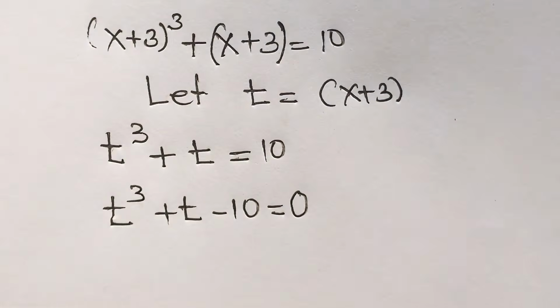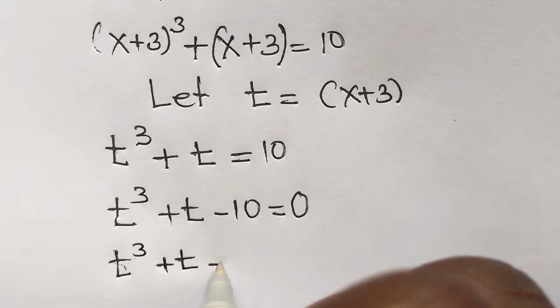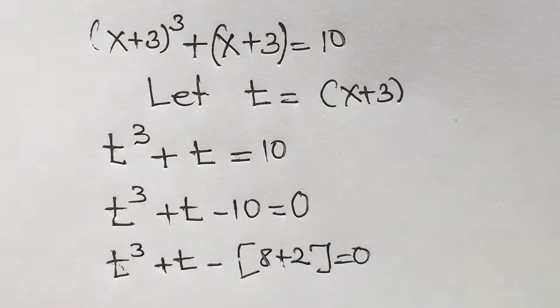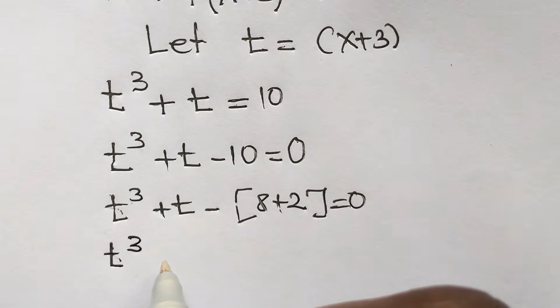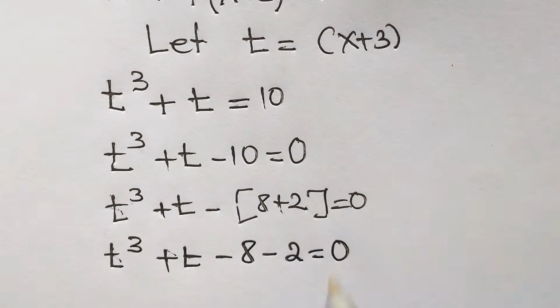And of course here we shall write this as t power 3 plus t minus 8 minus 2 equals to 0.